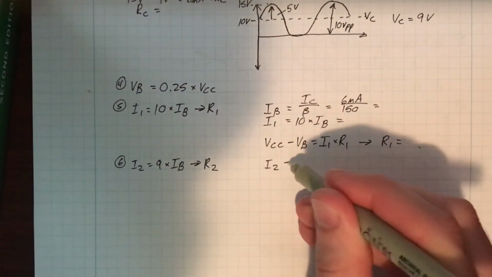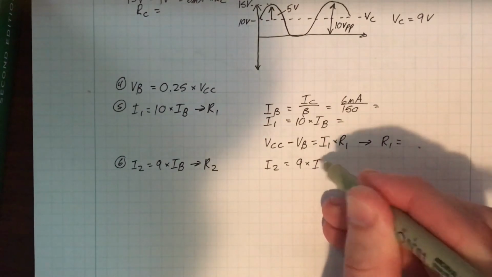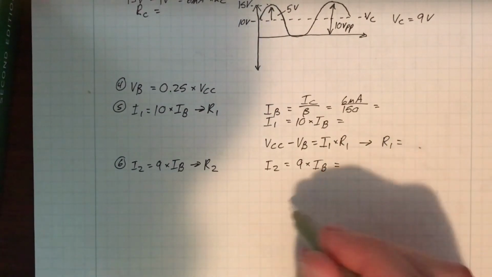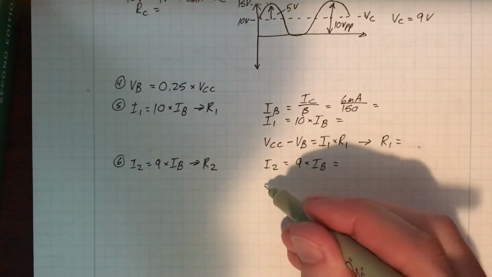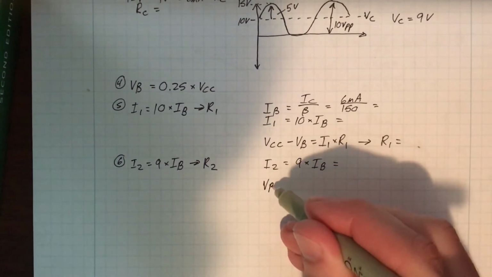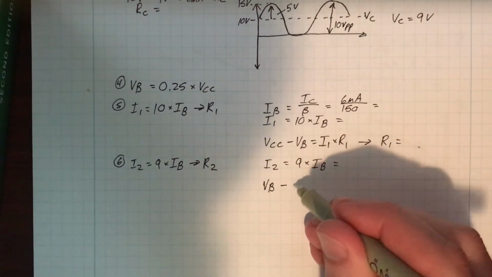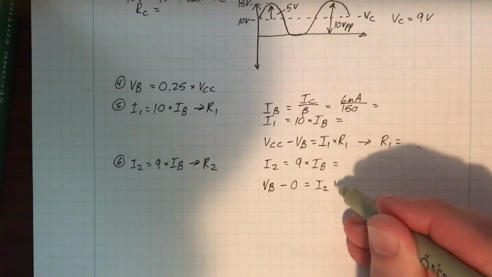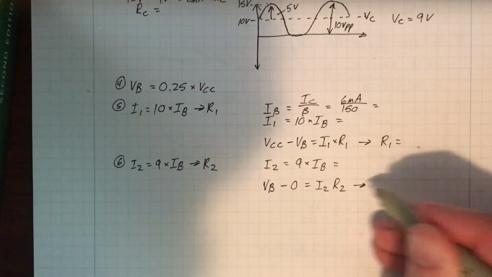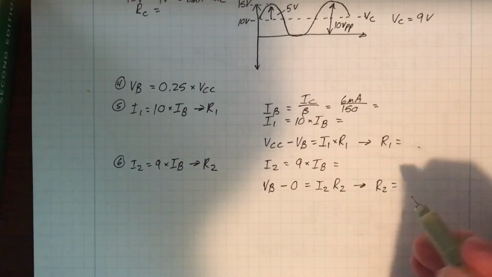So I2 is equal to 9 times IB, and that'll give you a value. Then Ohm's law again, across R2. This time we have VB minus 0 equal to I2 R2, and you can solve for R2 from that.